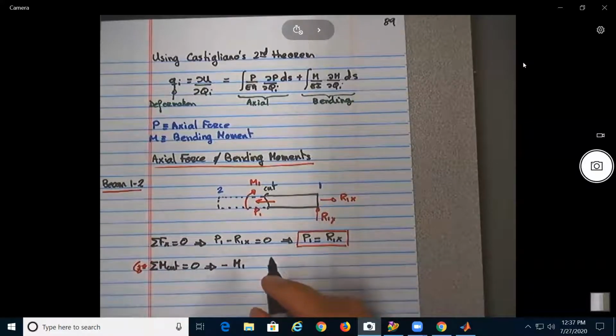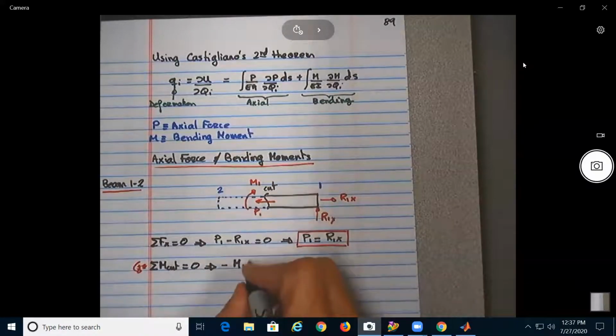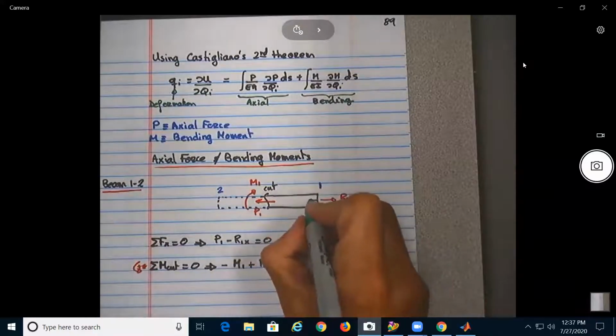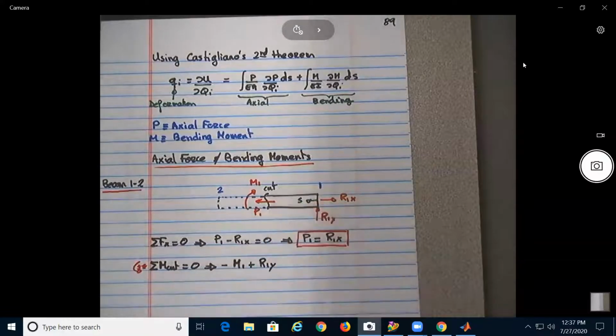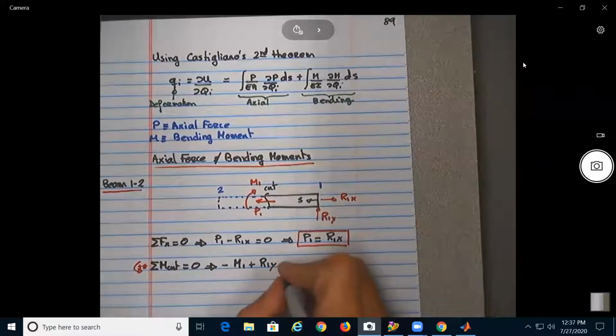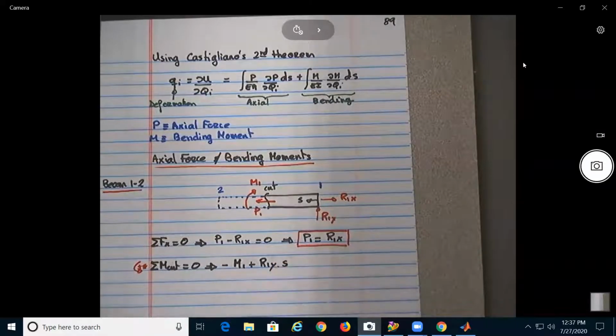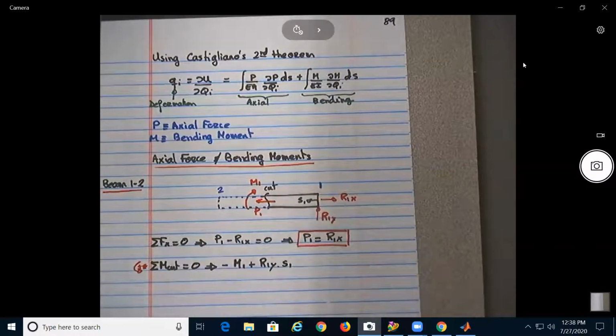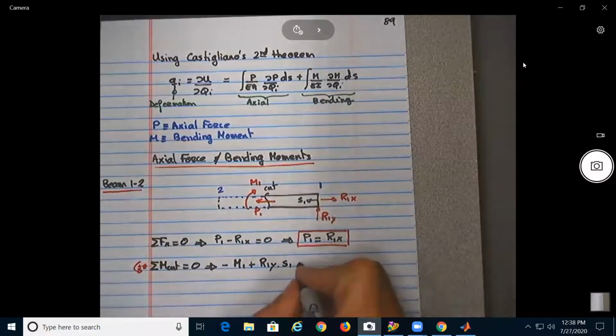So that will be going counterclockwise, will be plus R1Y times that distance over here. Let's call this one S. Let's call it S1 since we're gonna have another one for the other beam, S1. So R1Y times S1 equal to 0.